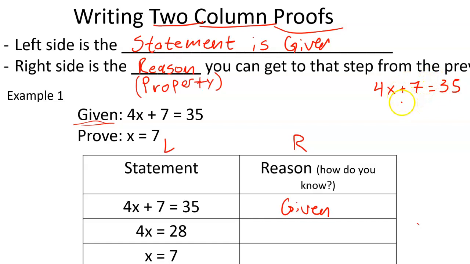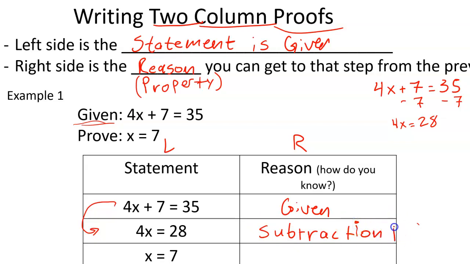Generally, when we solve this, we subtract 7 on both sides to get 4x equals 28. So how do I know I can go from this to this? Well, subtraction. You can write subtraction property.